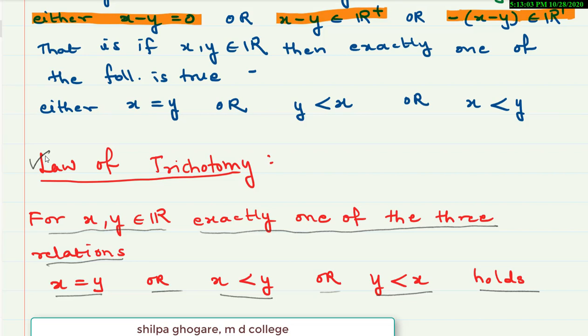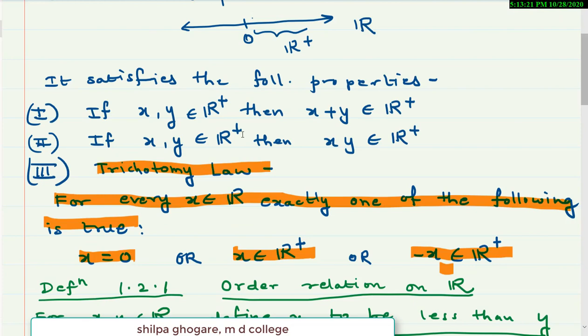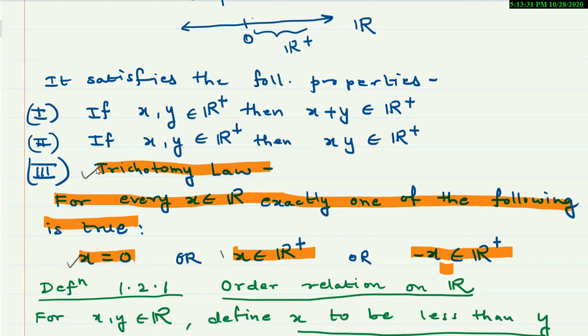This is for two real numbers x and y and the relation between them, and the other one is only for one real number. This trichotomy law was only for one real number, that is for every x in R you have either x is equal to 0 or x belongs to R plus or additive inverse of x belongs to R plus. So there are two versions of law of trichotomy.